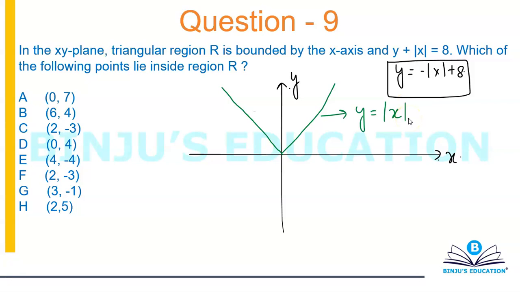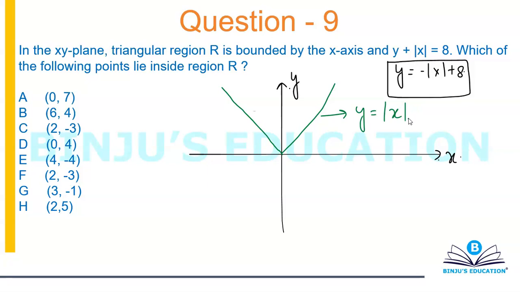Now, if I want to draw y is equal to minus mod x, can I say this? No matter what value of x you take, y will always be negative, yes or no? Because I am saying y is equal to minus mod x.